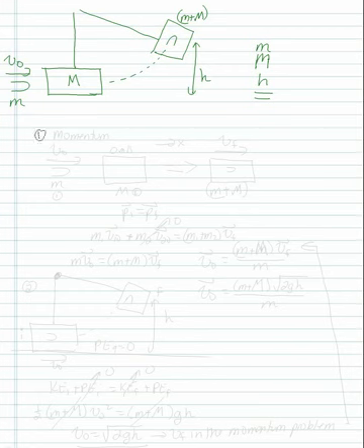Let's call it 1, momentum. Immediately before to immediately after. So what happens immediately before? A bullet of mass m, moving at velocity v0, colliding with a large block of mass M, not moving in this case. Let's call this positive x.